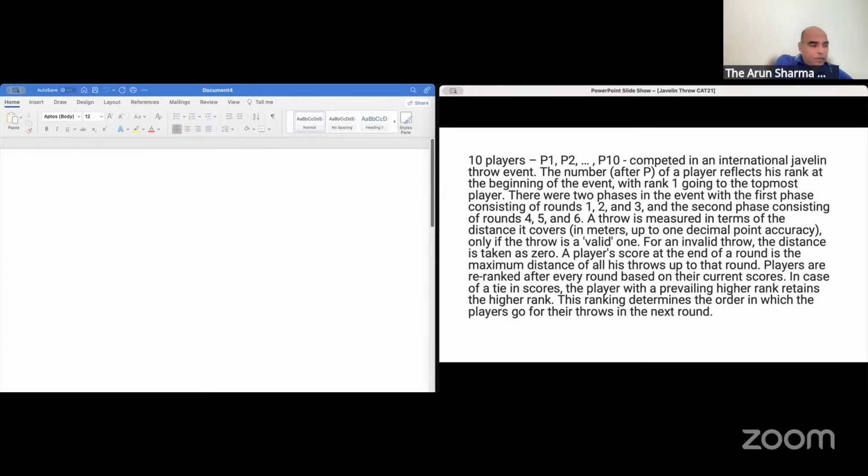The javelin throw is a different beast. If I rate the 100, 150 sets of the CAT of the last 15, 20 years that we have access to, then if we talk about the top two or top three most difficult sets, javelin throw will definitely come in it, right? So this is the reason for me picking this up, and I'm just waiting for more people to join in before I start.